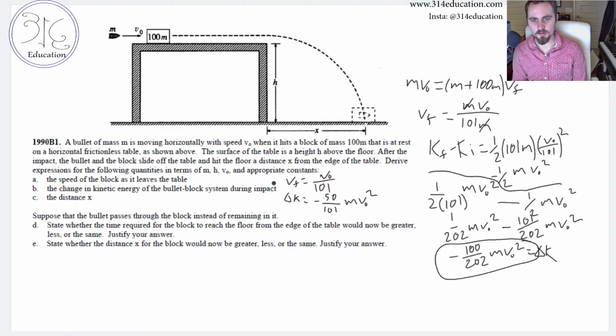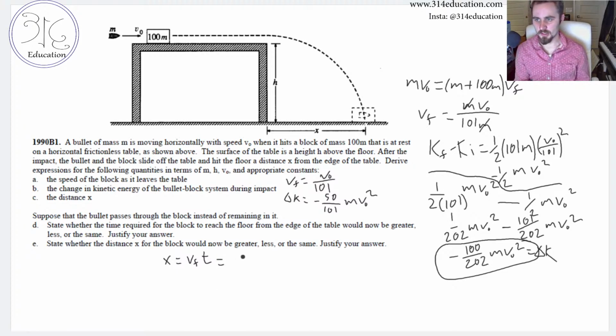The distance x. Oh, x as in the distance we flew. Gotcha. So this distance x is going to be our final velocity, because that was our velocity in the x direction, times the time that we were in the air.